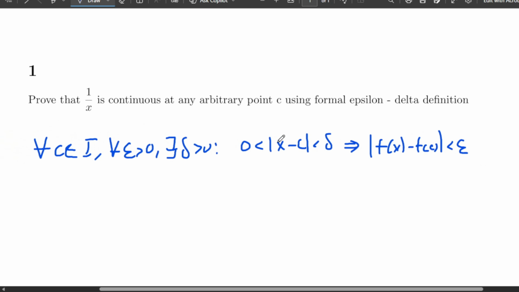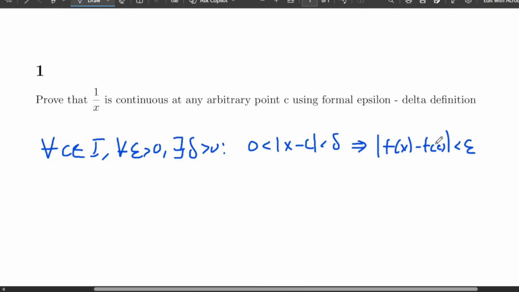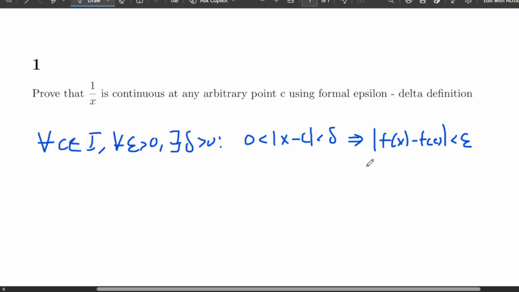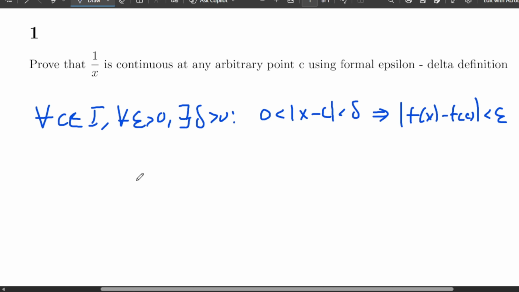So we need to choose a delta so that this distance is less than epsilon whenever |x minus c| is greater than 0 but less than delta.